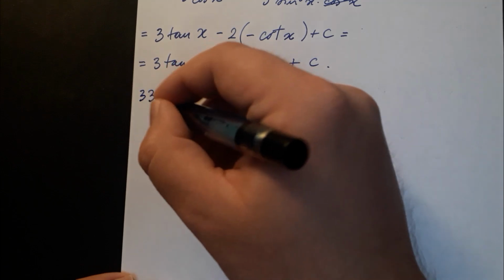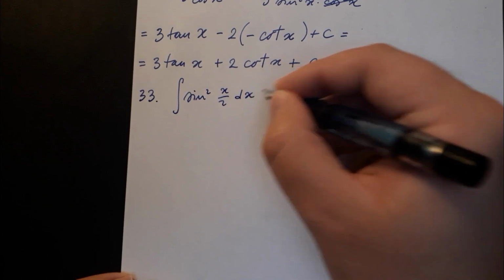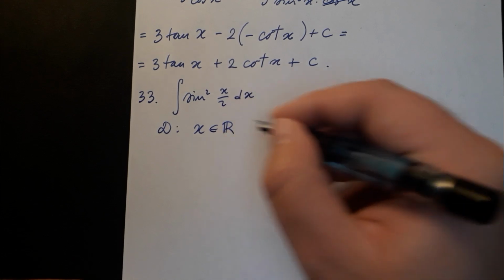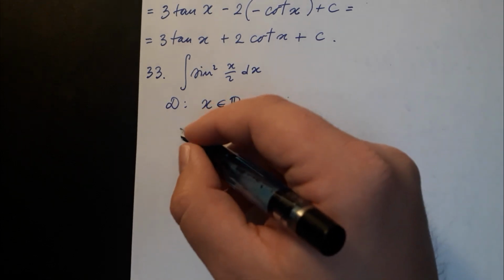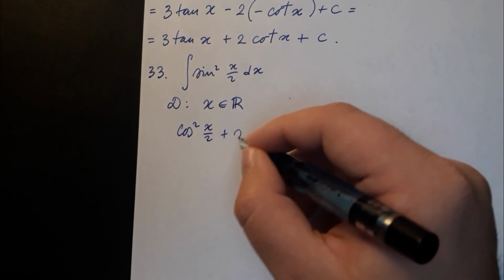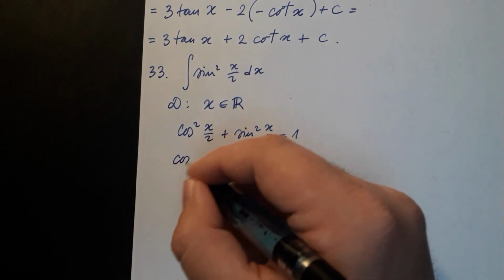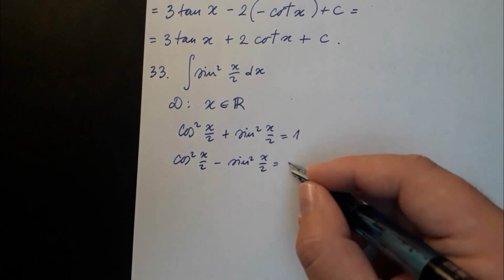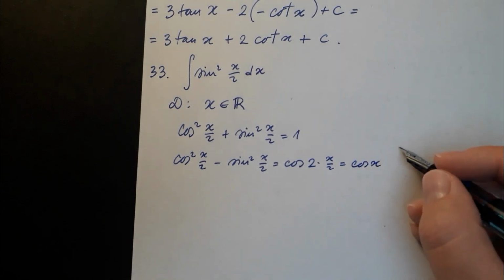Integral 33 on our list is an integral of sine squared of x/2 dx. The area in which this integral is defined is for all x's which are real numbers. What we can do in a situation like this is to use trigonometrical identities. Cosine squared of x/2 plus sine squared of x/2 is equal to 1, and cosine squared of x/2 minus sine squared of x/2 is equal to cosine of 2 times x/2, which is just cosine of x.